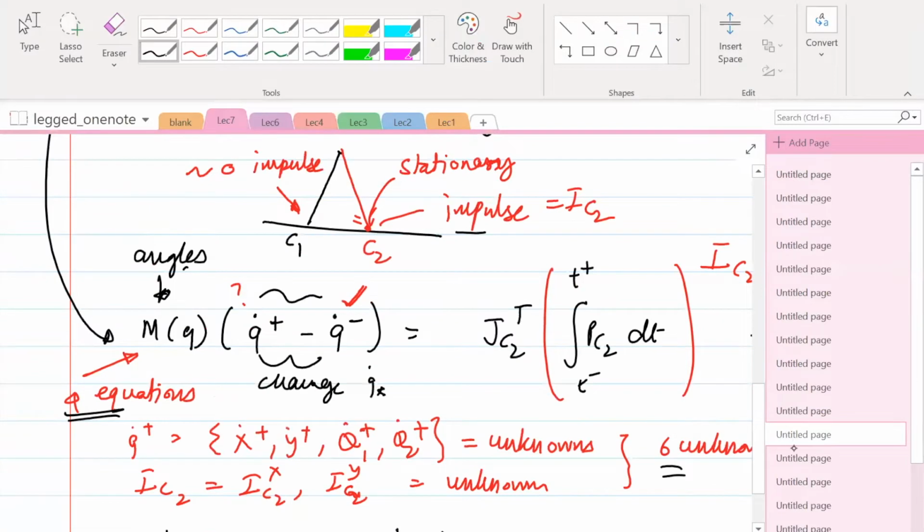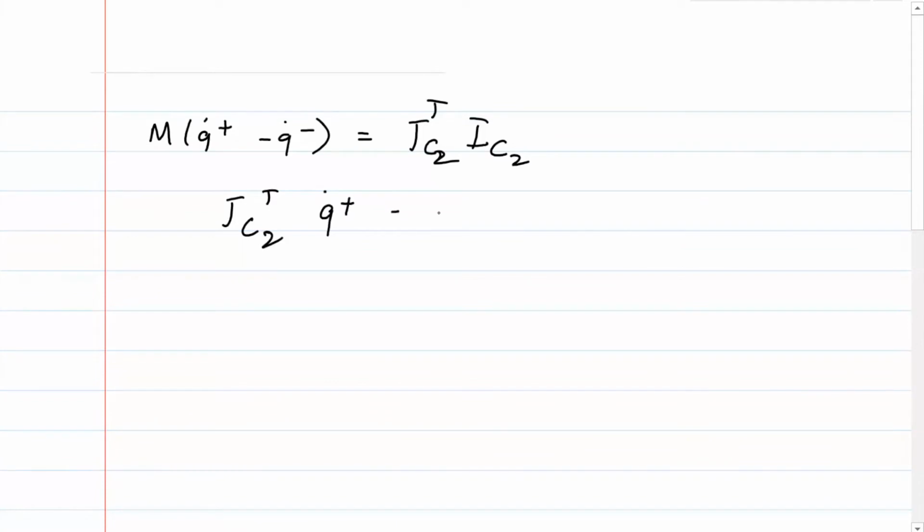Let me just write down what this matrix will look like. So I have written down so far M q dot positive minus q dot negative equals JC1 impulse, JC2 transpose impulse IC2, and then I wrote down JC2 transpose q dot positive equals 0.